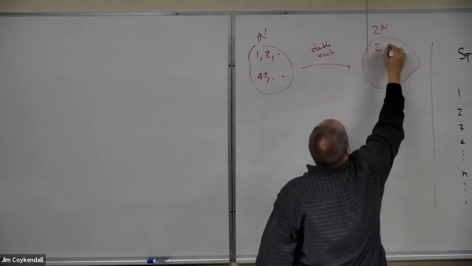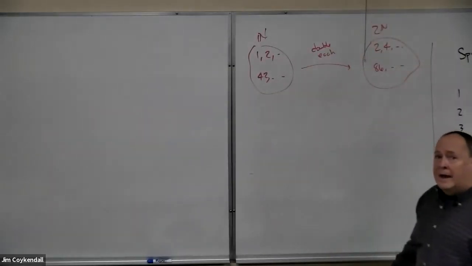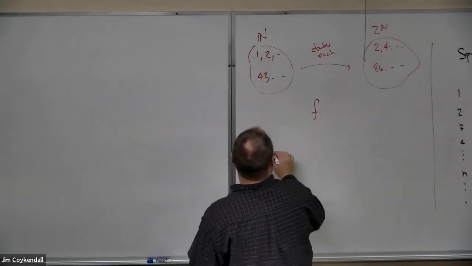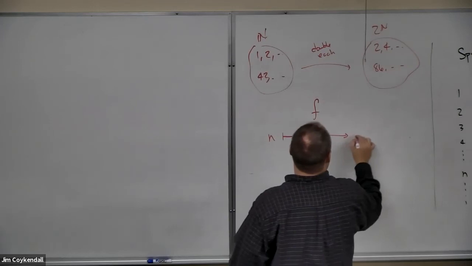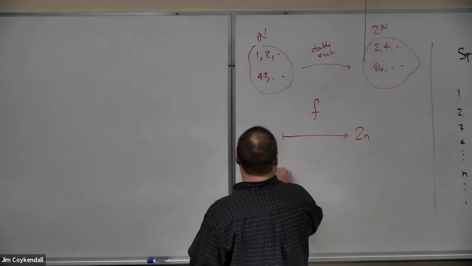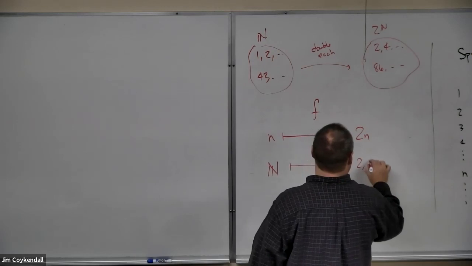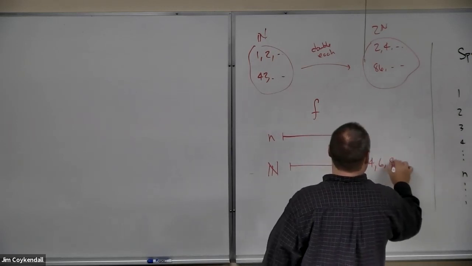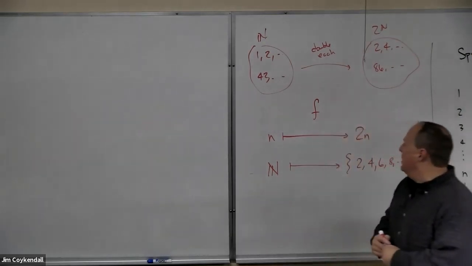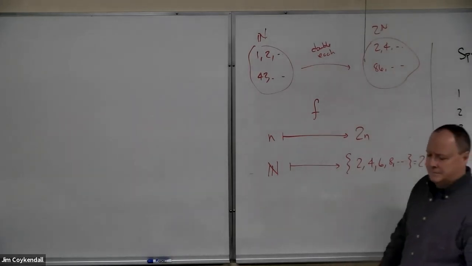So you'll get 2, 4, 6, 8, like that. And actually the sets will be of the same size because the function that you have here takes n to 2n, right? Your input is the set of natural numbers and your output is the set of twice the natural numbers, which is sometimes called 2N. And so, yeah, these two sets will be of exactly the same size. You can compare them.